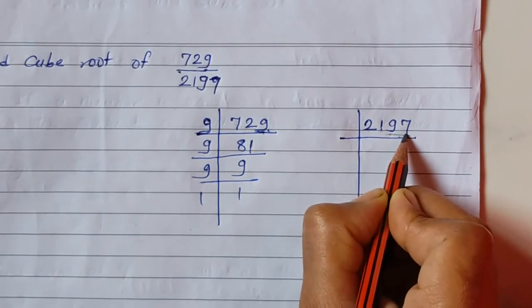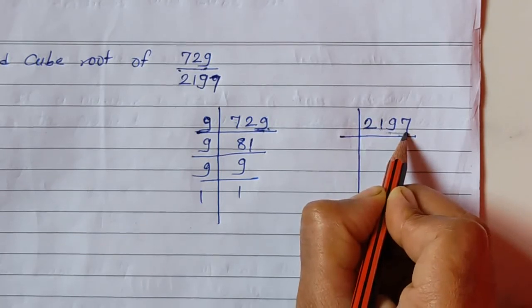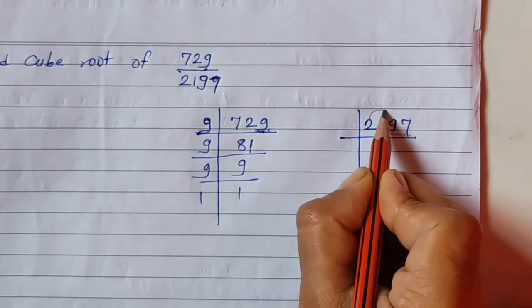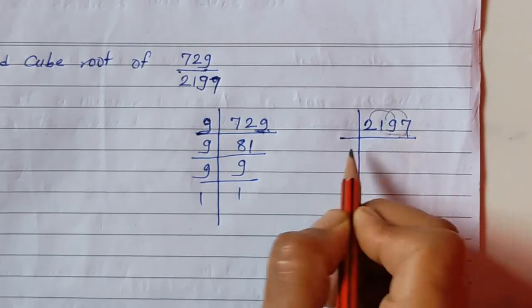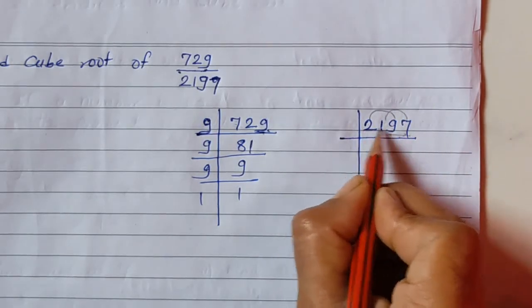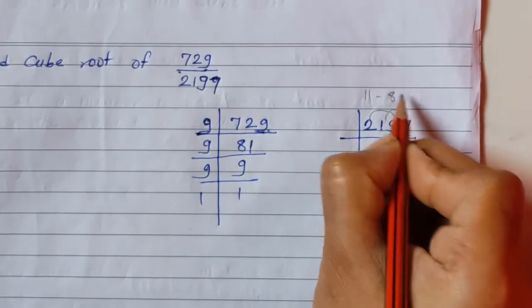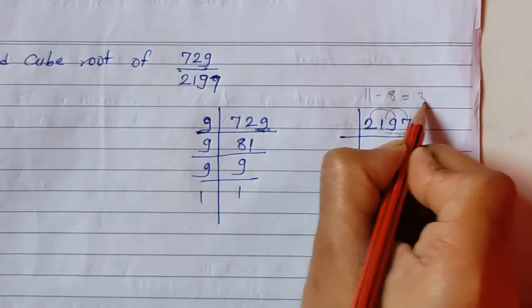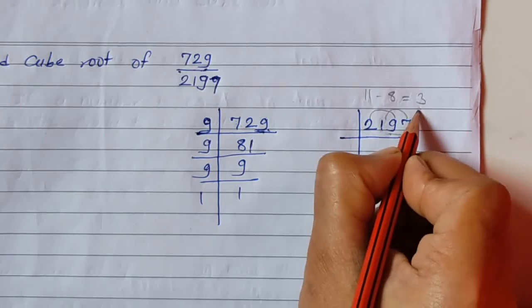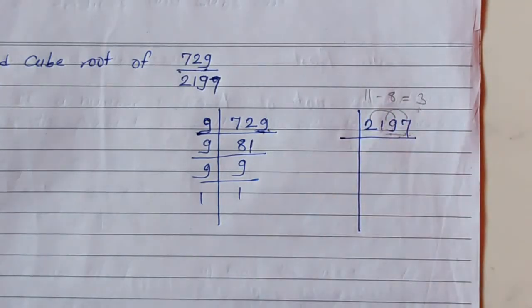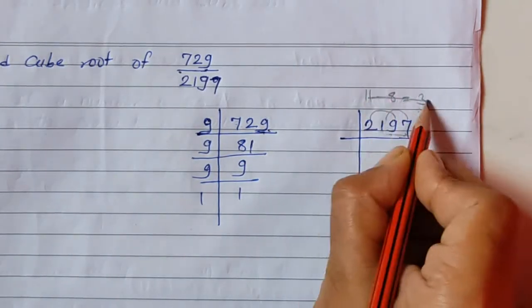So 19 is not divisible by 3 and 9 also. Here I am checking for 11. Its alternate sum is 11 minus 8, which is equal to 3. So it is not 0 or 11, so this number is not divisible by 11.